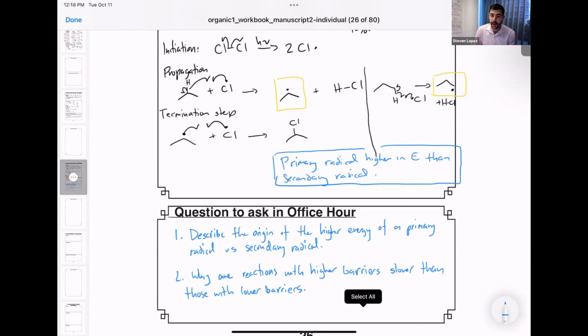Why are reactions with higher barriers slower than those with lower barriers?